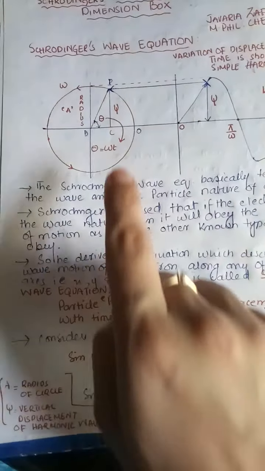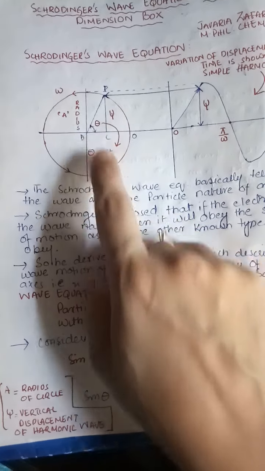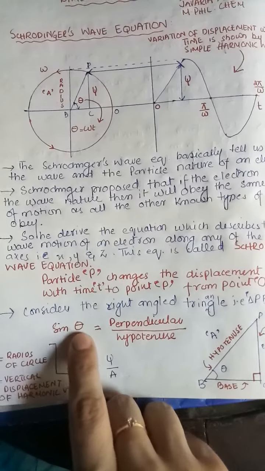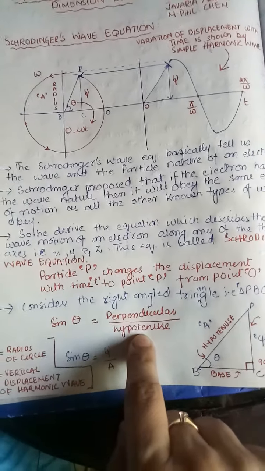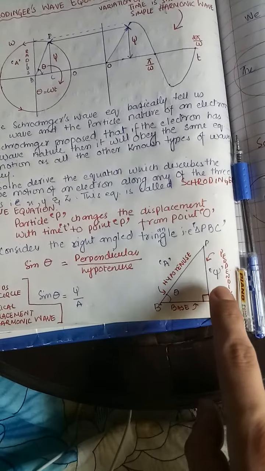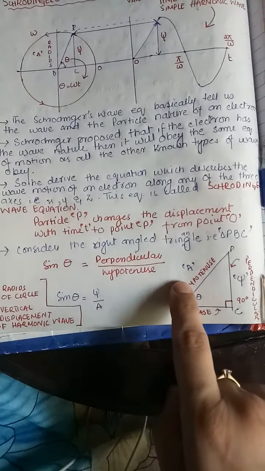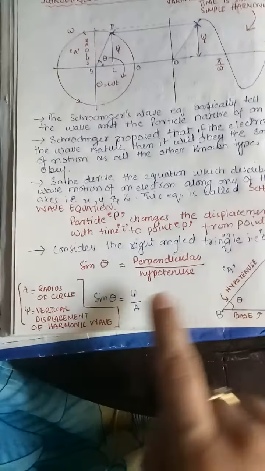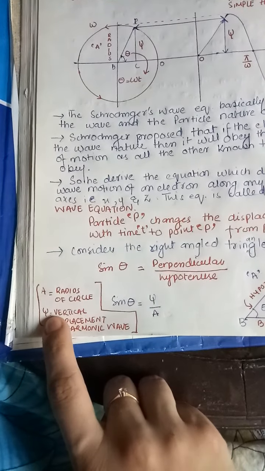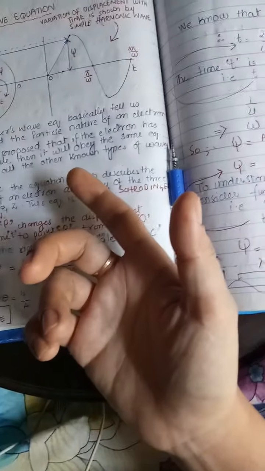To consider this theta, if we take the sine of theta, we know from the trigonometric rules that sine theta is equal to perpendicular over hypotenuse. From the triangle, the perpendicular is equal to psi and the hypotenuse is equal to A. Make sure that A is the radius of the circle, and psi is the vertical displacement of the harmonic wave, you can say the amplitude.